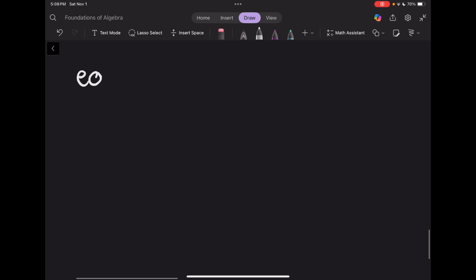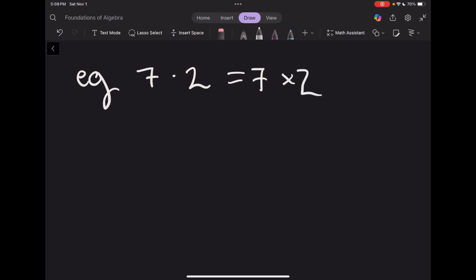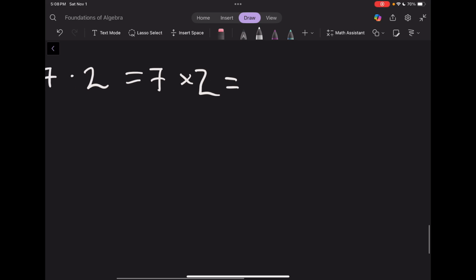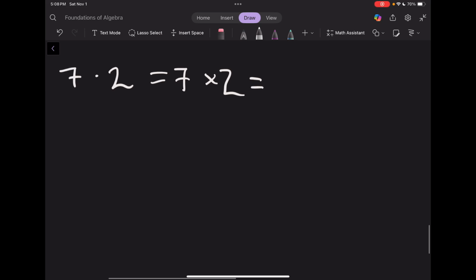Alright, and then just to get you familiar with some notation, I should have brought this up earlier, but sometimes multiplication is also seen as a little dot. So this is the same thing as 7 times 2. But you can also just put them next to each other in parentheses.